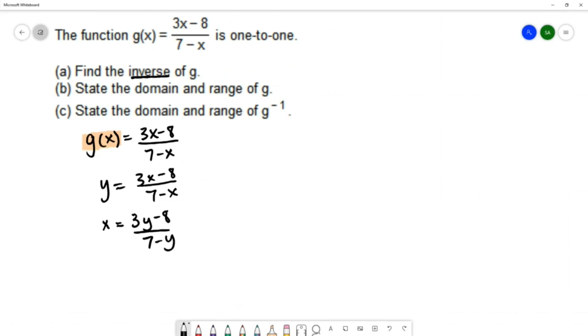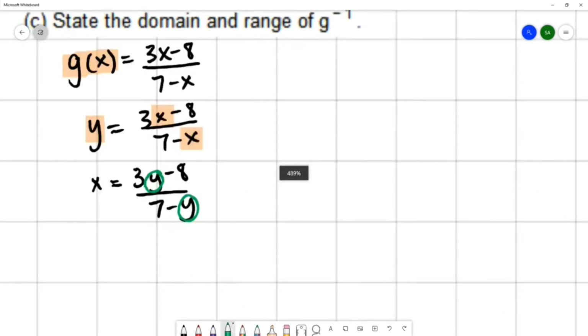So this y became an x, and these x's became a y. The final step, which is going to take the longest, is to solve for y. So we want to rewrite this equation as y equals. So let's work on that.